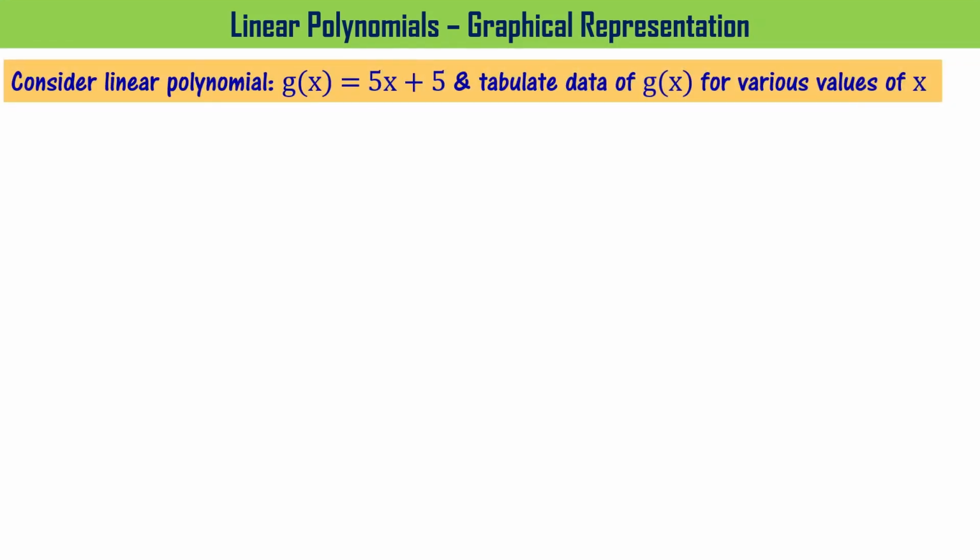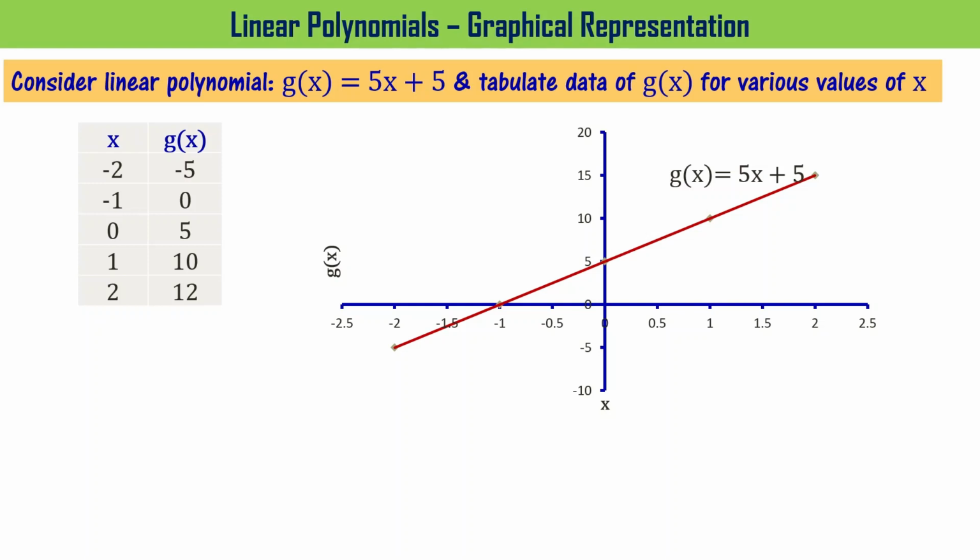Let's take a look at another linear polynomial, that is g of x equal to 5x plus 5, and tabulate data of g of x for various values of x. Here I have considered x ranging from -2 to 2 and tabulated data of g of x such that we can plot the g of x equal to 5x plus 5 on a graph paper.